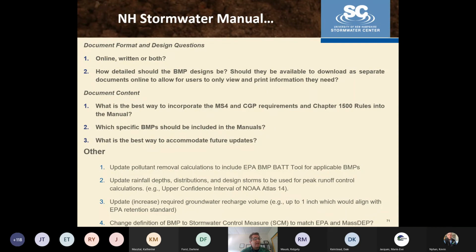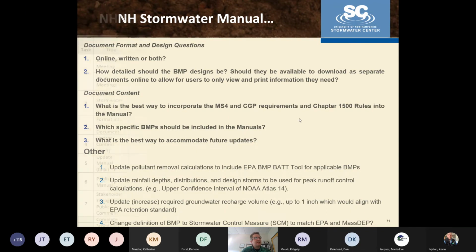Another big thing is how are we going to update the recharge volume? Fortunately, Massachusetts has been going through this, so we will be able to benefit from their path for updating their manual, and CEI also did that.